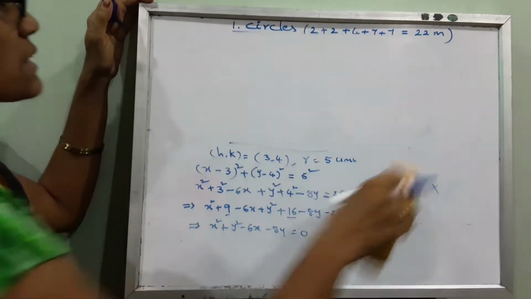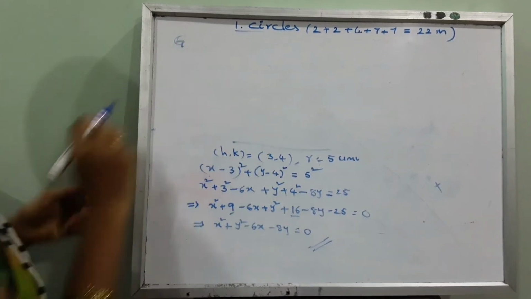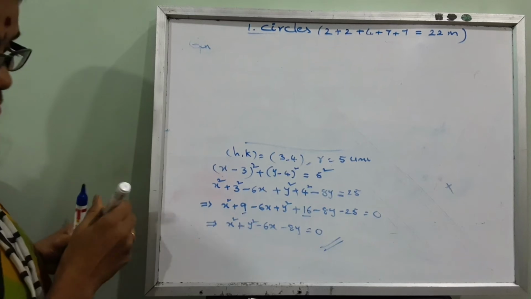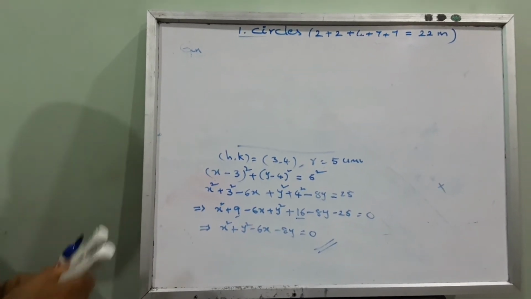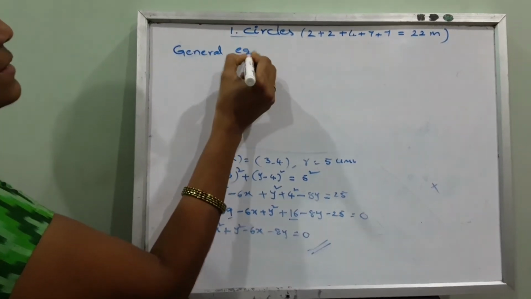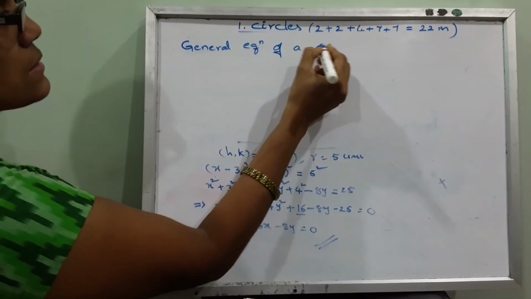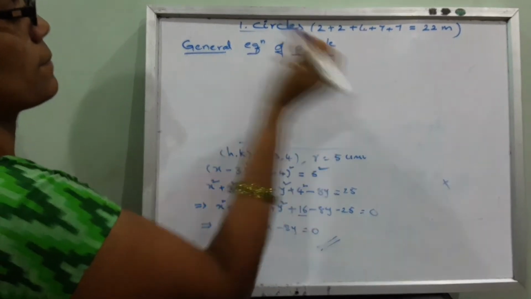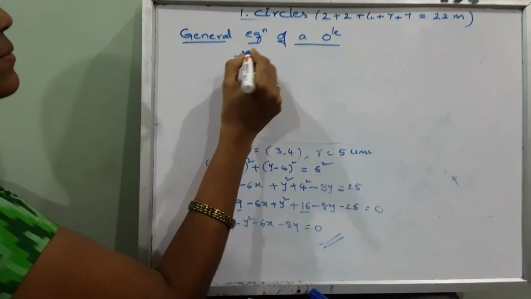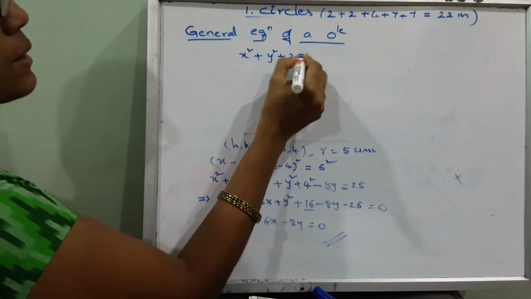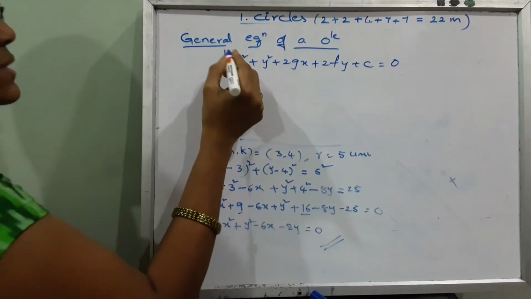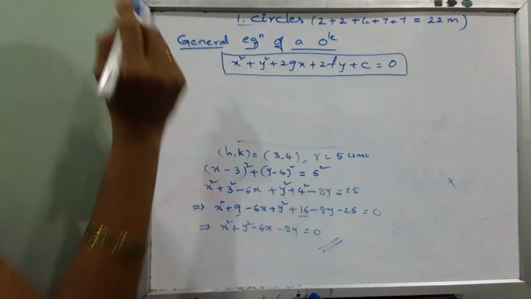What is the general equation of a circle? The general equation of a circle is x square plus y square plus 2gx plus 2fy plus c is equal to 0. This is the general equation of a circle.